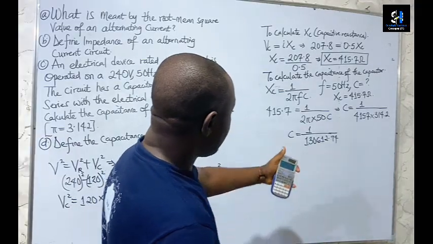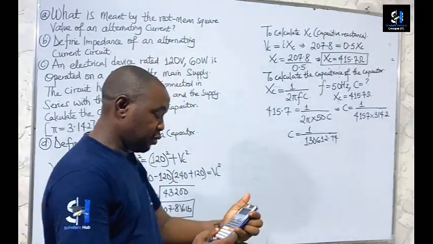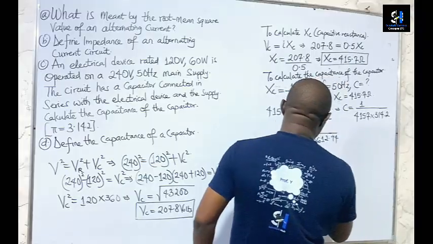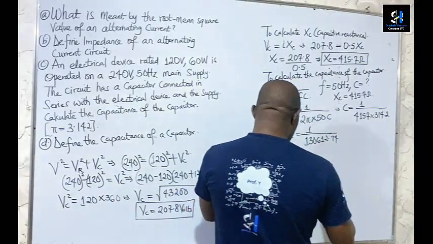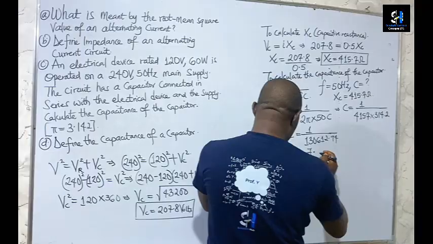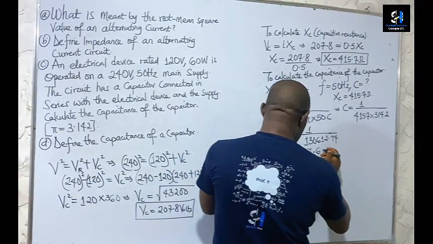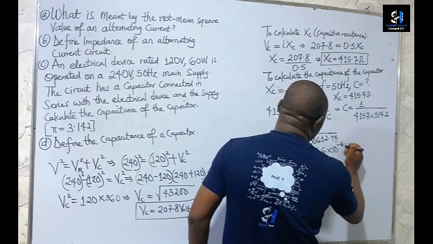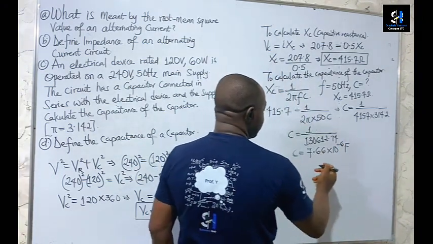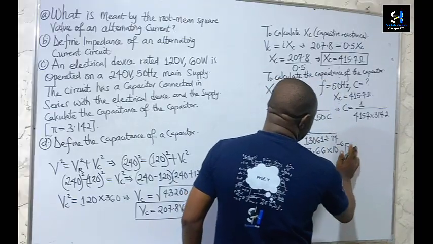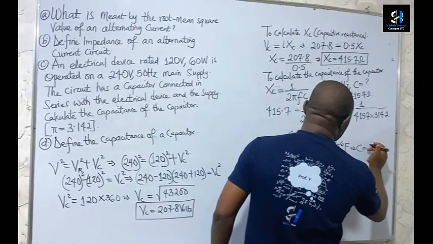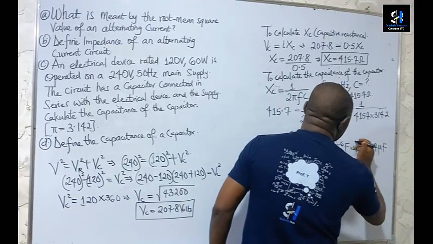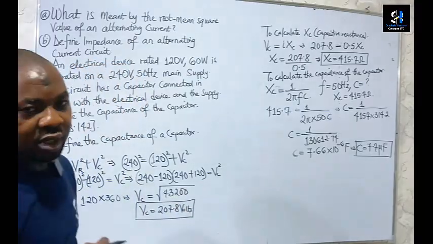So 1 divided by 130612.94, we're going to have C, the capacitance, equal to 7.66 times 10 raised to the power of minus 6 farad. If you approximate this to the nearest tenth, the capacitance will be 7.7 microfarad. So this is the capacitance of the capacitor.